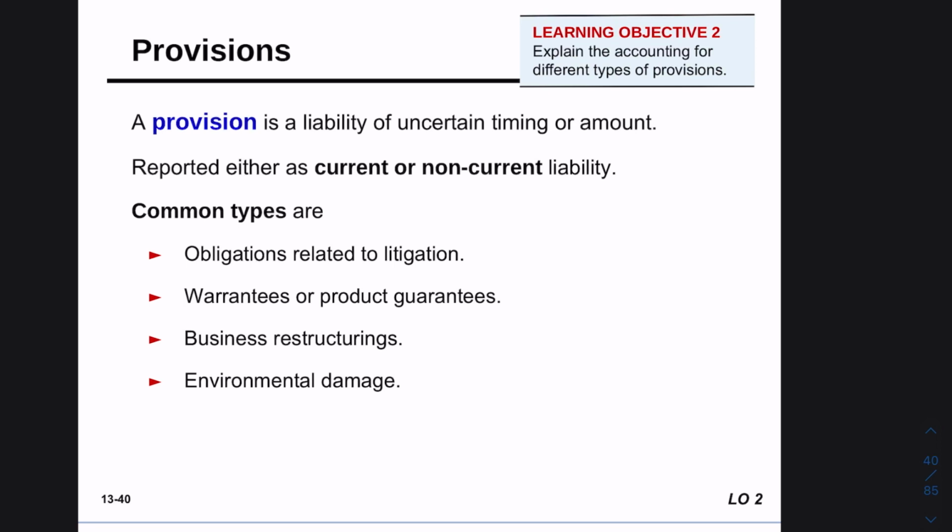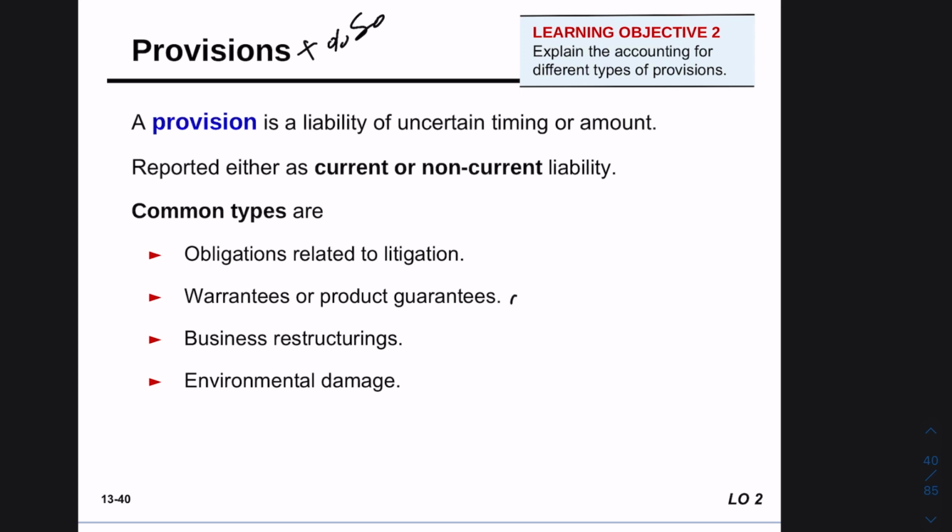And then we have a provision, which is in learning objective 2. A provision is a liability of uncertain timing or amount. What does that mean? Let's say there's a big probability, more than 50%, that there's an obligation, but we are not certain about the time or the amount.